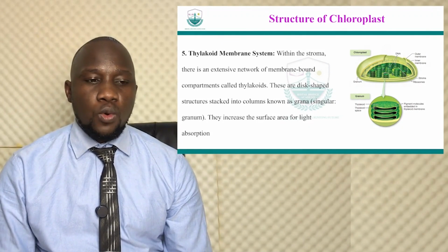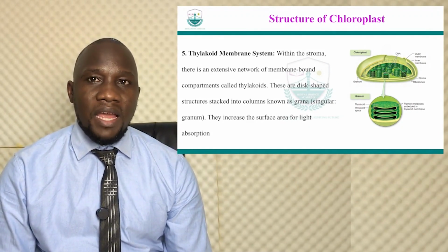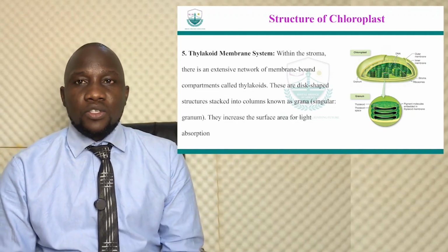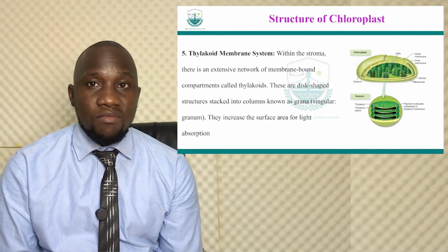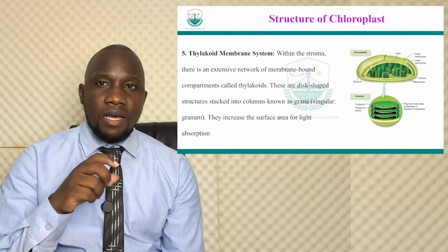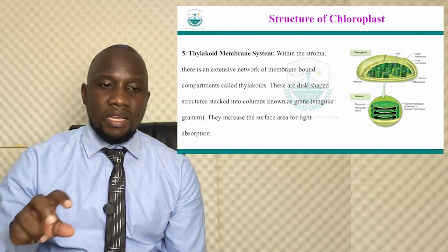And now we move to what we call the thylakoid membrane system. Here we have a number of components, but just to know that the thylakoid membrane system is within the stroma, which is basically the fluid.